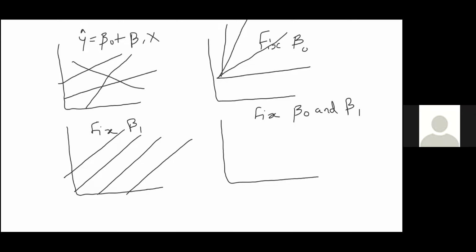And lastly, if we fix both beta 0 and beta 1, then we have 0 degrees of freedom, because we have to have one particular line. So if we specify beta 0 as 2 and slope as 3 or something, you will have this line and this line only. So this is how the degrees of freedom vary when you fix a particular parameter.